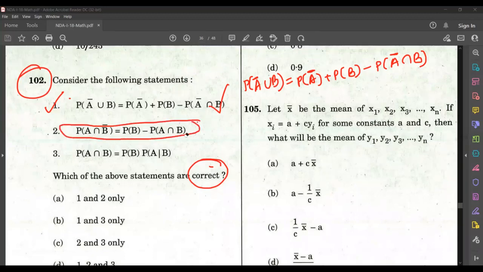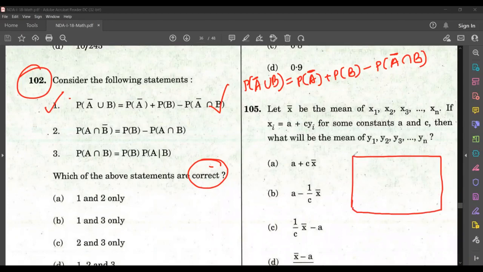Second one. Check this second one. P of A intersection B complement. Can we just draw that in a Venn diagram and see? A and B is there. A intersection B complement. So A is this one, B is this one. What portion will be there? A is this much.